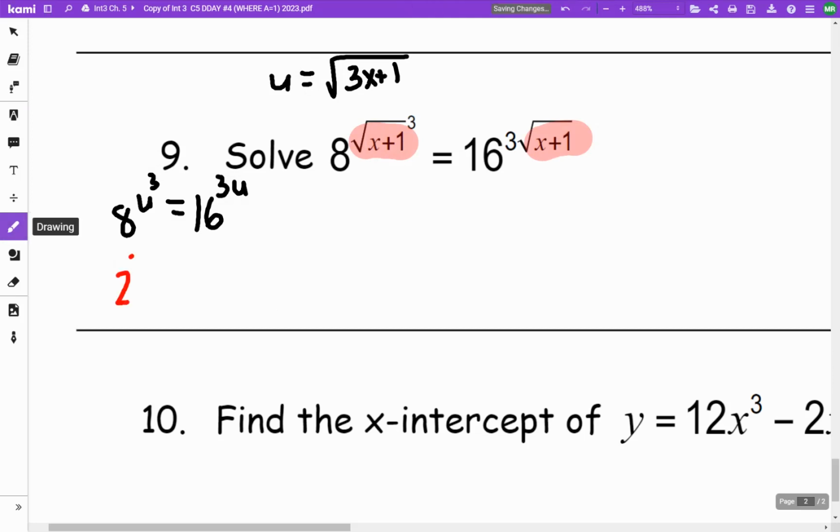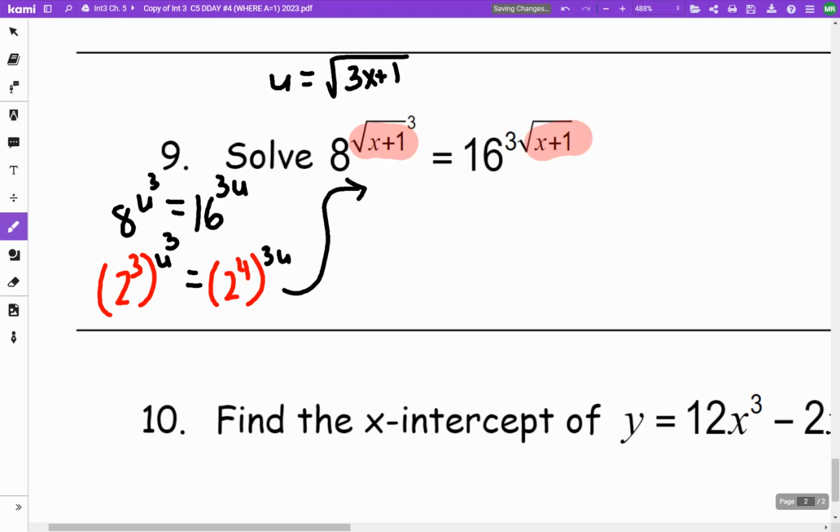So my 8 is a 2 cubed, and that is raised to the u cubed. My 16 is a 2 to the 4th, and that is being raised to the 3u. Now, when I have power to powers, they're going to multiply.